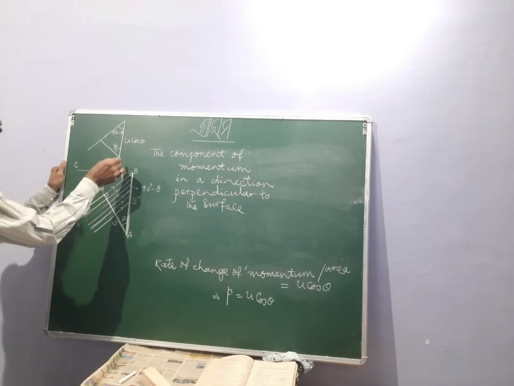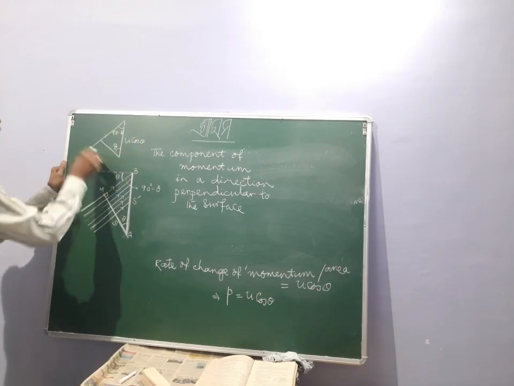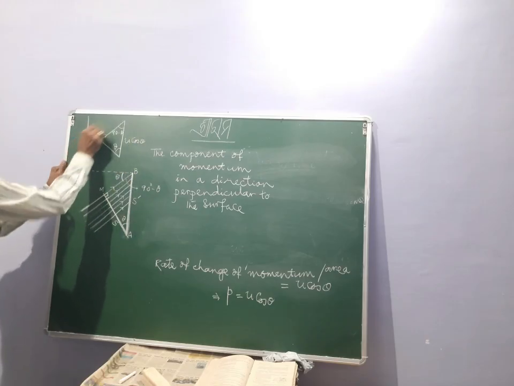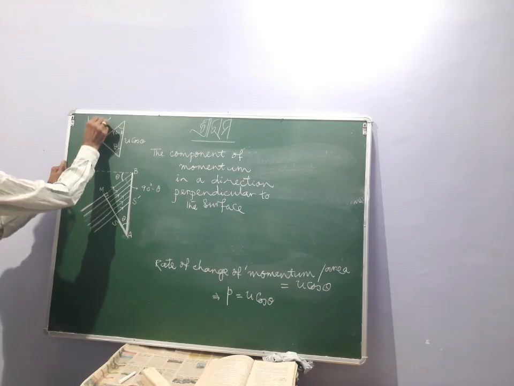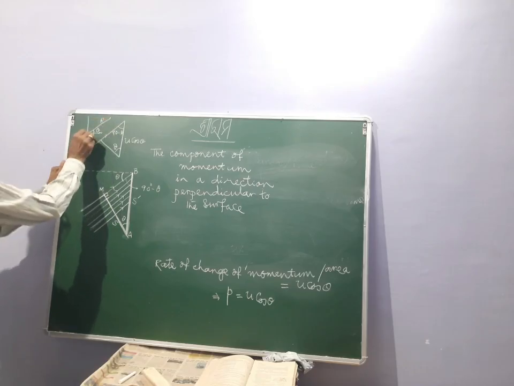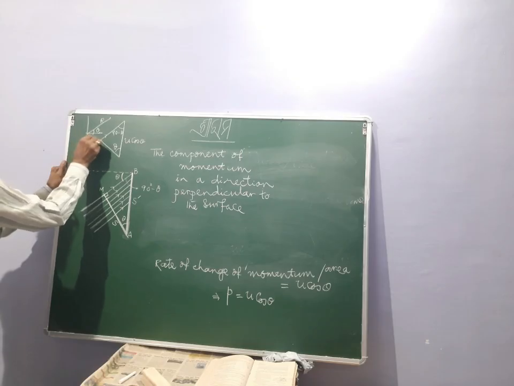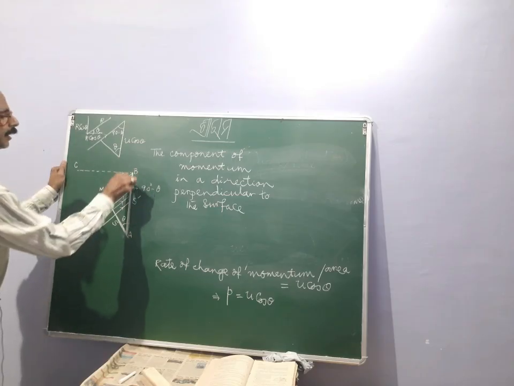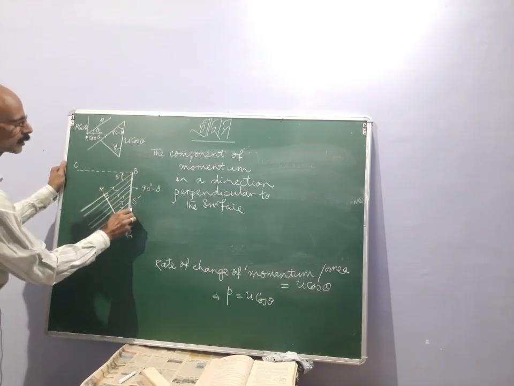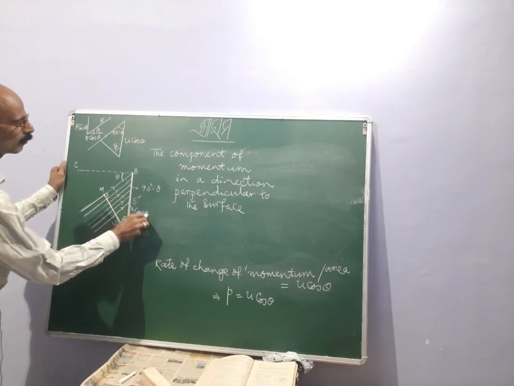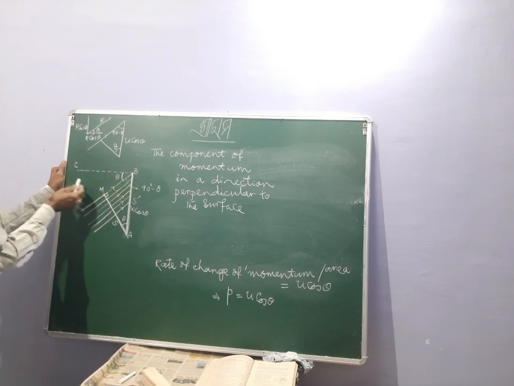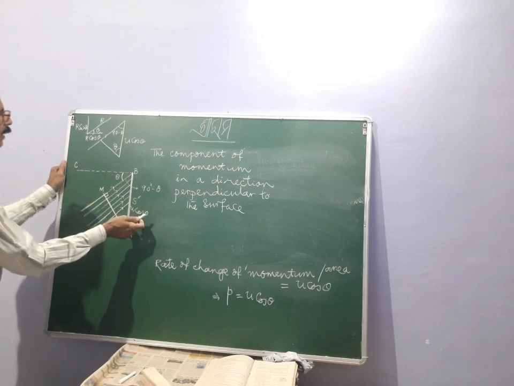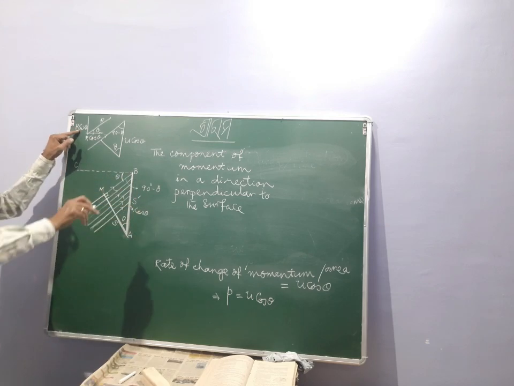So perpendicular to this, if this is angle theta and this is r, then we have this is r cos theta and this is r sin theta. So similarly here this is u cos theta. So normal to it, it will be u cos theta sin 90 minus theta.